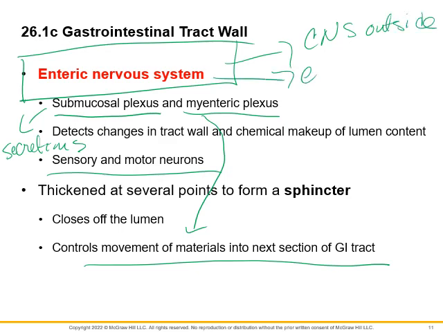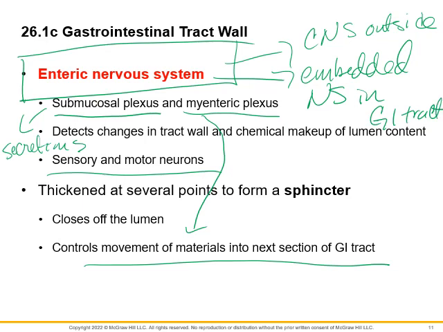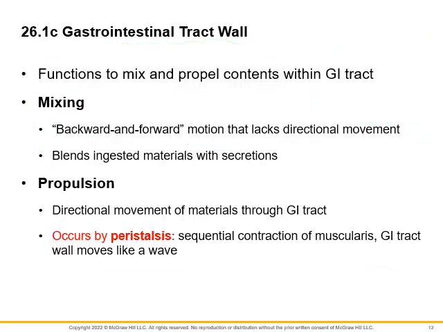Think of it as kind of an embedded nervous system in the GI tract. Kind of like we had pacemaker cells in the heart, you have this enteric nervous system that is controlling the secretion of mucus and the alternating contractions, like peristalsis, through sections of the GI tract.